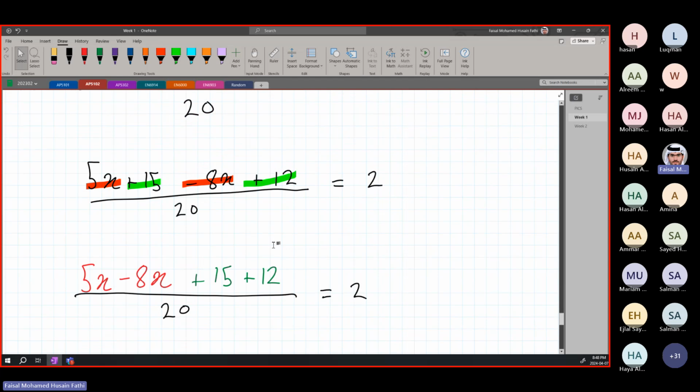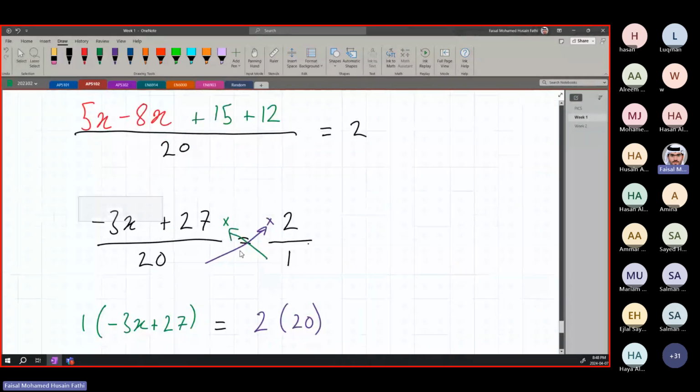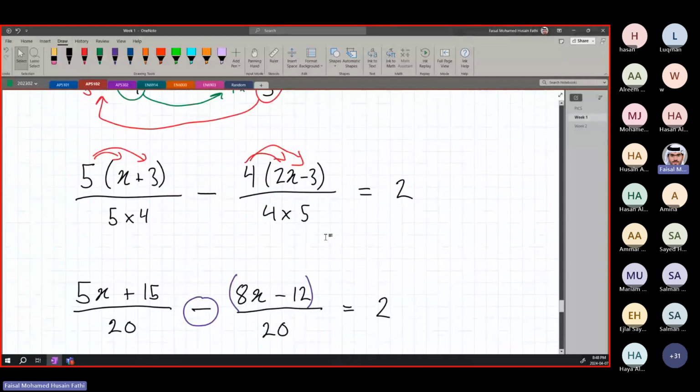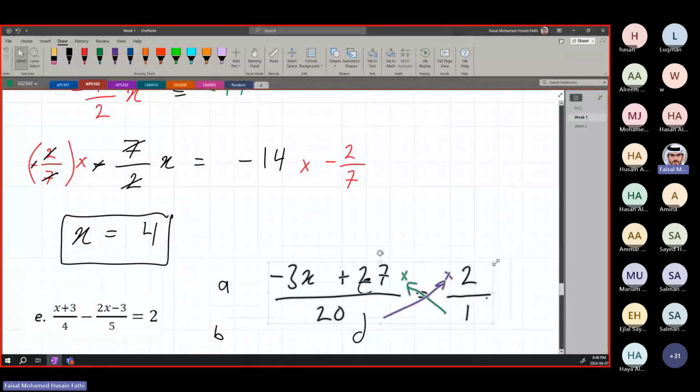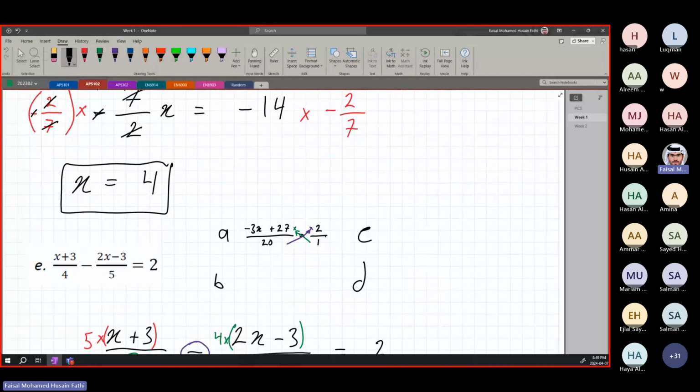Is this equation equal to something like this? Or is it equal to another equation, and they give you other equations as well? This could be a question. Again, I'm not sure how the questions will be. But they will say something like that. And now, which of the following is true?